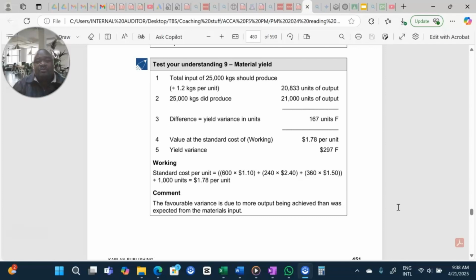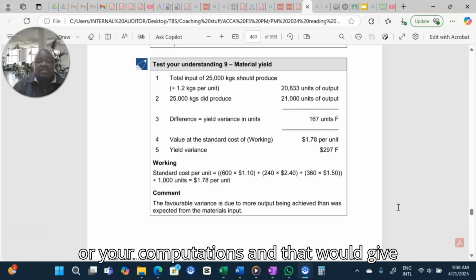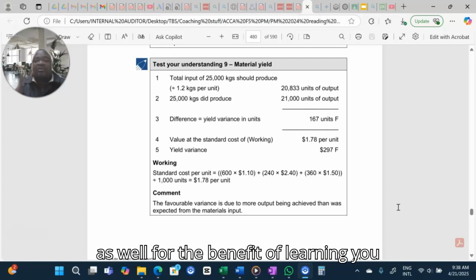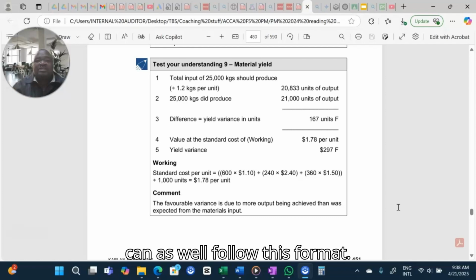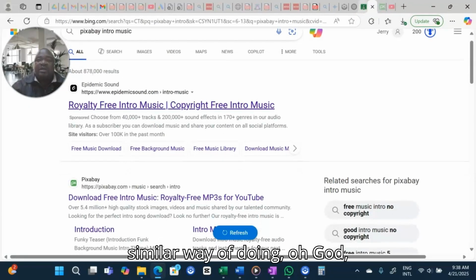The examiners would not find it very difficult to follow your processes or your computations, and that would give you a lot of advantage. Okay, but as well, for the benefit of learning, you can as well follow this format. I've shown it in my computation, a similar way of doing.